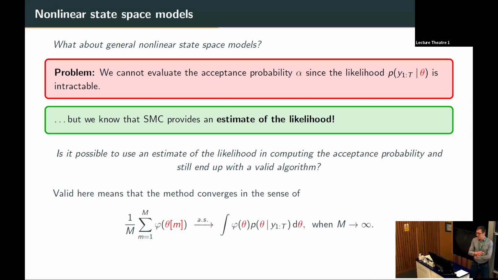So could we then use an estimate of the likelihood in this Metropolis-Hastings algorithm and still end up with a valid algorithm? And valid here in the sense that we still want the ergodic theorem to hold. We still want this to converge towards the true posterior distribution in the long run. And this is where particle MCMC, and specifically the particle Metropolis-Hastings algorithm, comes in.